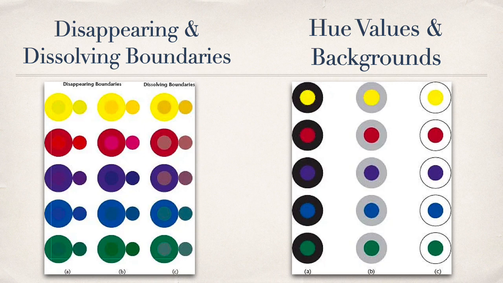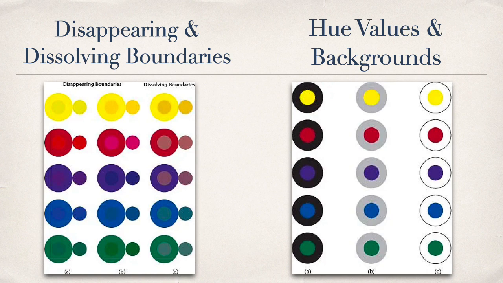In column A, the analogous colors are cooler than the colors in the large circles, so the color in the middle of the circle is cooler than the color in the large circle. In column B, our analogous colors are warmer than the colors in the large circles. Again, the smaller circle's color is warmer than the color in the large circle, which results in disappearing boundaries.